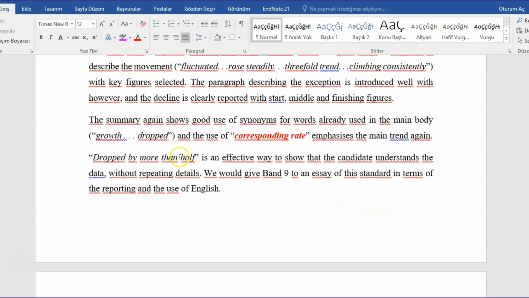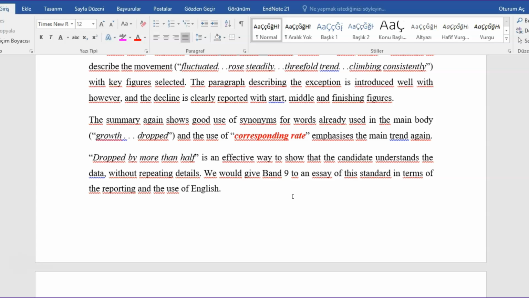And in summary, with growth or drop, and the use of corresponding rate, we mention the main trend. Dropped by more than half is an effective way to show that the candidate understands the data without bringing too much detail.